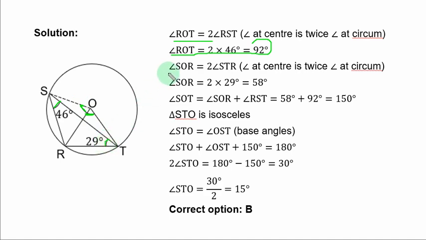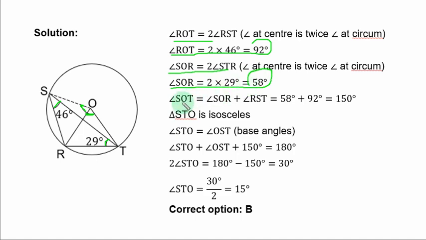So angle SOR is equal to 2 times angle STR. Angle at center is twice angle at circumference. So angle SOR is 2 times 29 degrees, and that is 58 degrees.